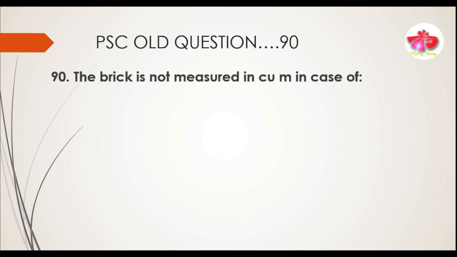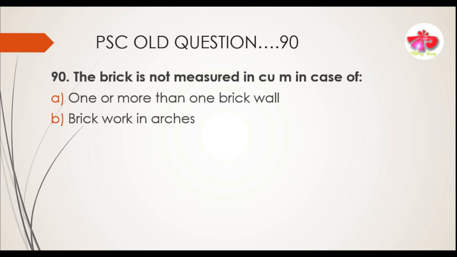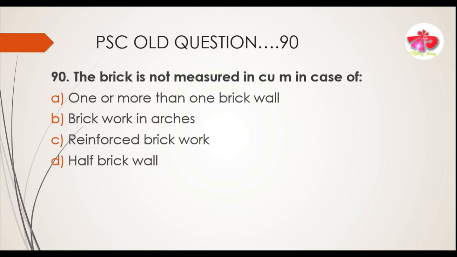The brick is not measured in cubic meter in case of: option A, one or more than one brick wall; option B, brickwork in arches; option C, reinforced brickwork; and option D, half brickwork. So friends, in half brickwork or honeycomb brick structure, the brick quantity is not measured in cubic meter. So option D will be the correct answer. Question number 91.